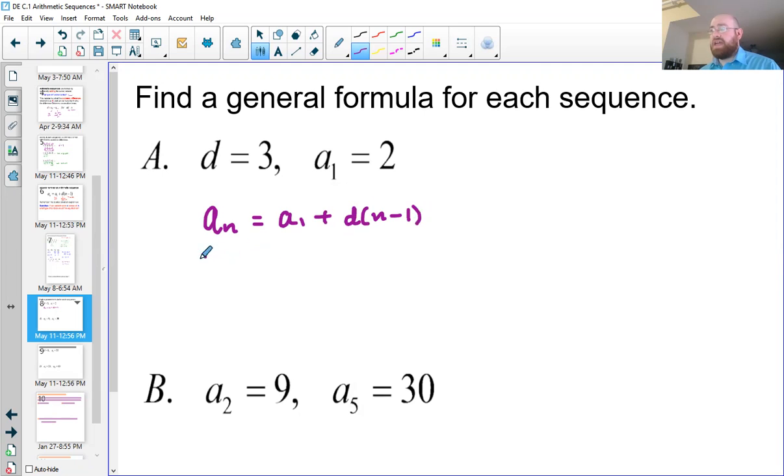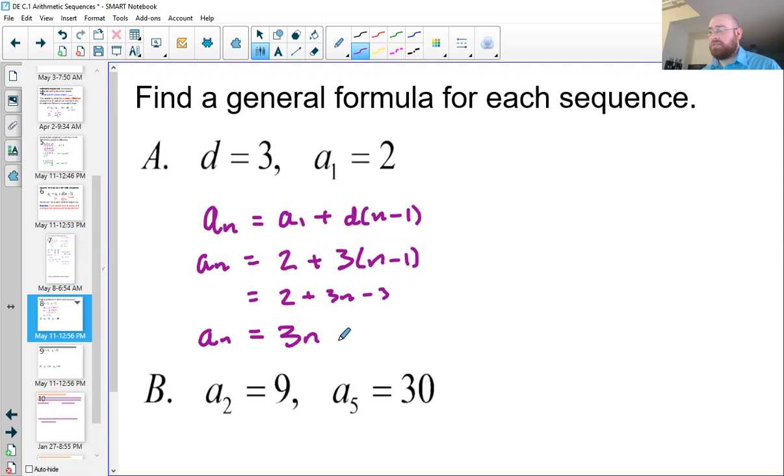So we have AN is equal to 2 plus 3 times n minus 1. Simplifying, we have 2 plus 3n minus 3. And so our final answer would be AN is equal to 3n minus 1.